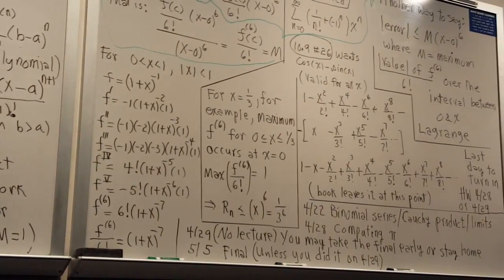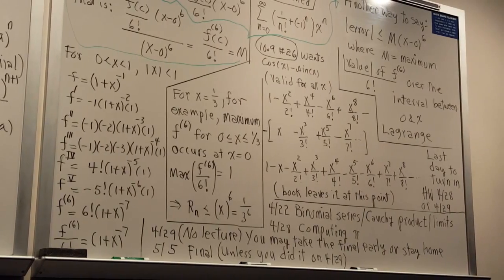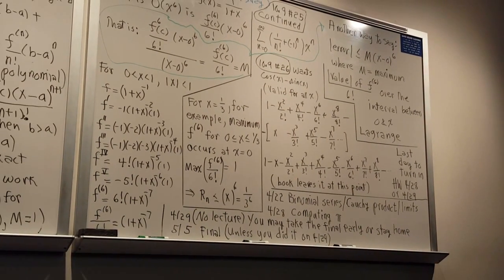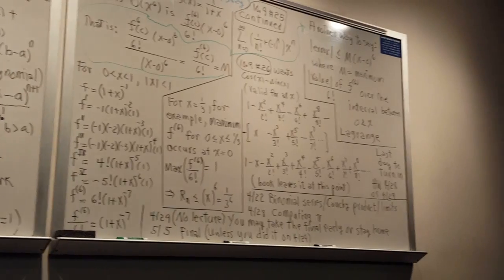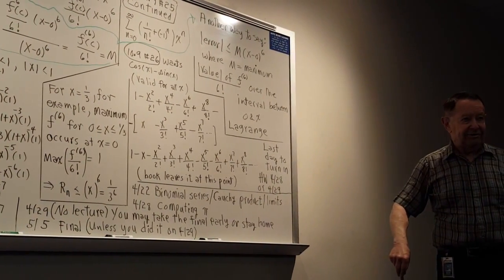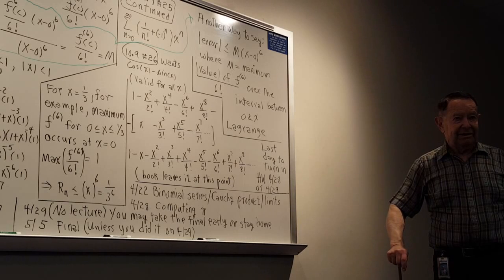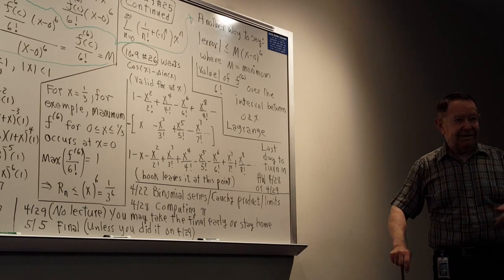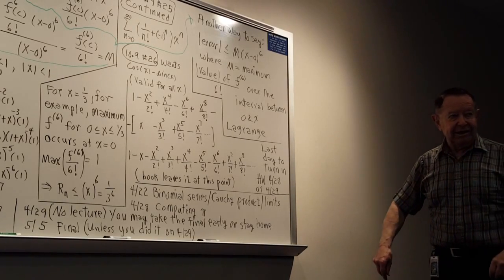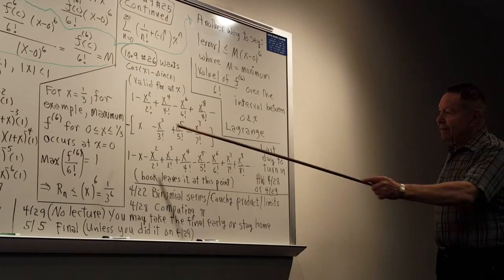If you haven't noticed, there's a page in your book toward the end of chapter 10 that has Maclaurin series for common functions like that, all on one page. It's maybe in section 10.10 or 10.11. It's in there toward the end of the chapter, you can find it.